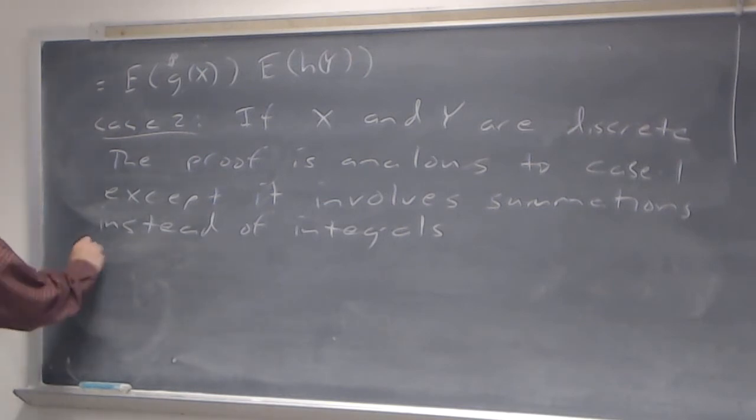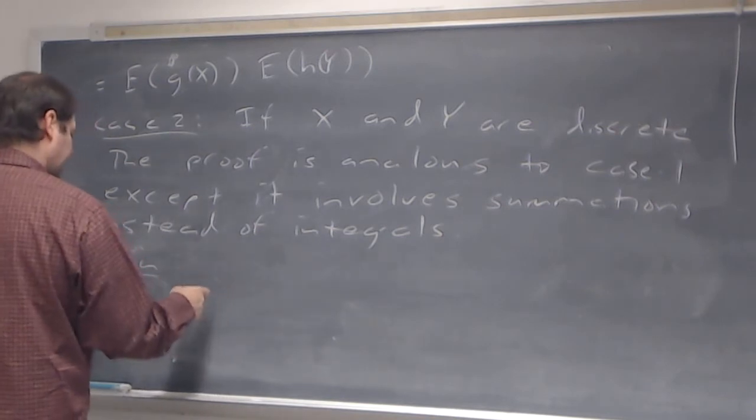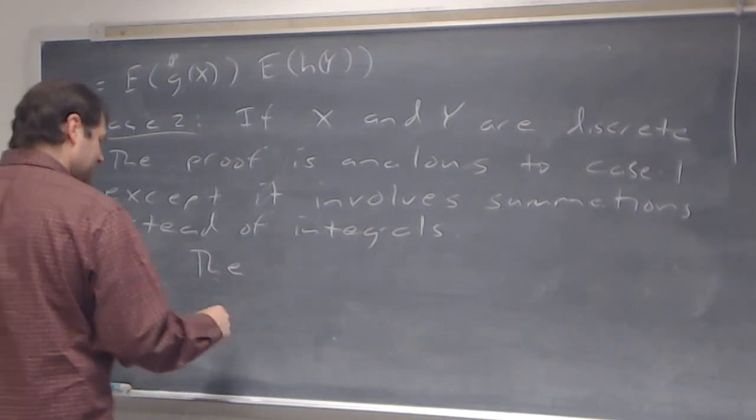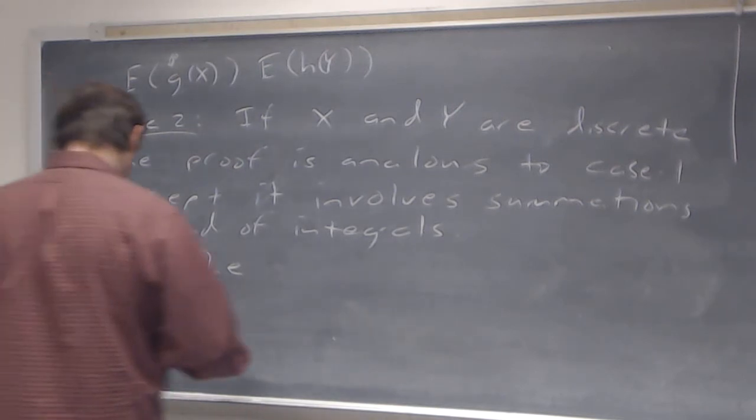As a definition, the next thing we want to talk about is something called covariance between x and y. The covariance helps measure, in some sense, the interplay between the random variables. And here's what it says.